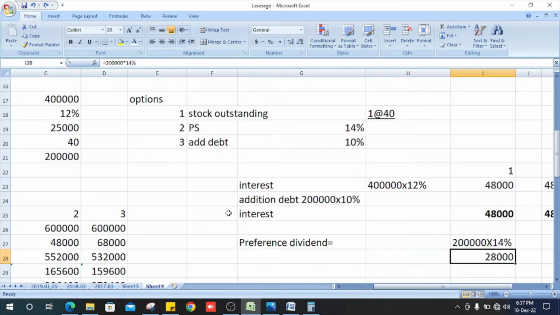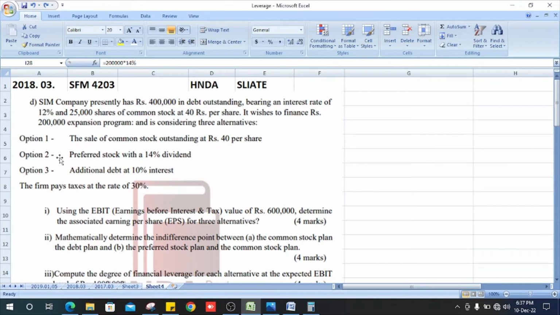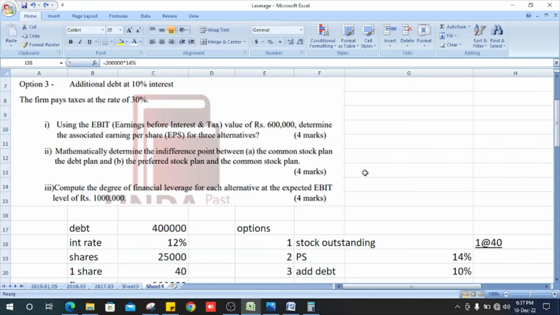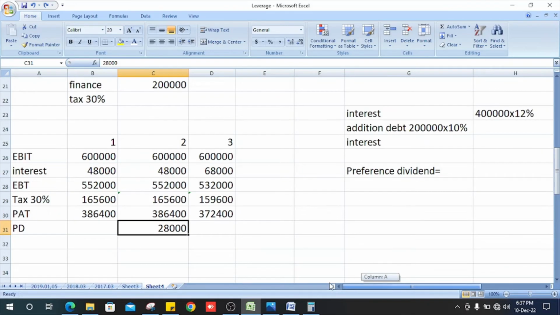It is 28,000. The dividend is relevant to option 2. Now we can enter the dividend, 28,000. Next we can get the profit available to common shareholders. It is profit after tax minus preferred dividends.